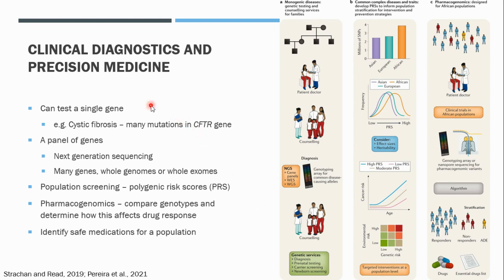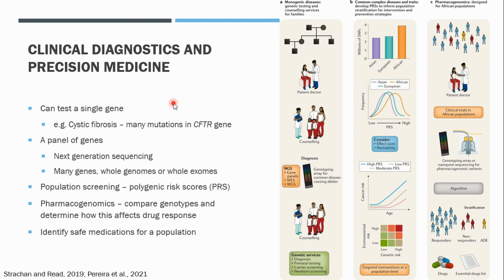Now, when we look at a single gene, we're looking at diagnosing disease based on a specific gene that is known, or a single gene disorder. For example, in the case of cystic fibrosis, we would look at mutations in the CFTR gene. So when it comes to clinical diagnostics, we are able to test for single gene disorders.